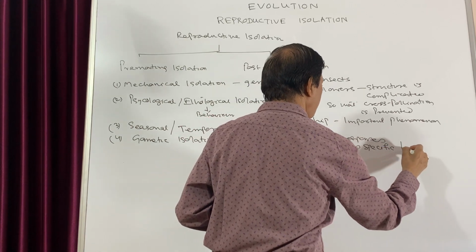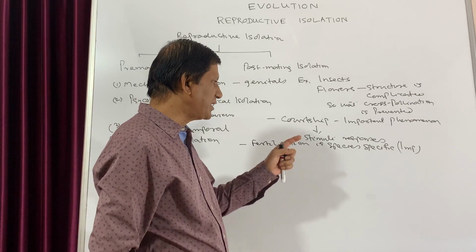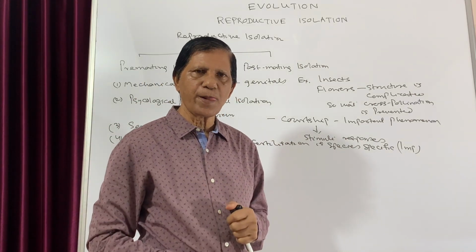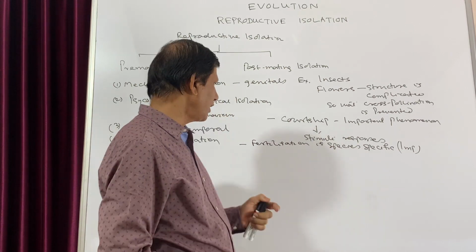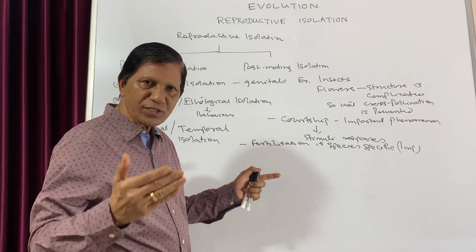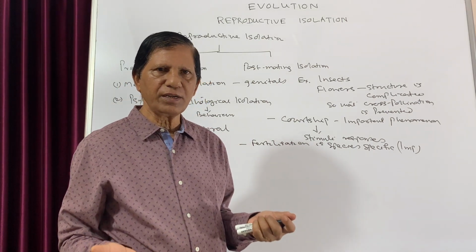This is an important point. So when fertilization is species specific, each one has to recognize the other. If the gametes do not belong to the same species, then natural fertilization cannot take place.